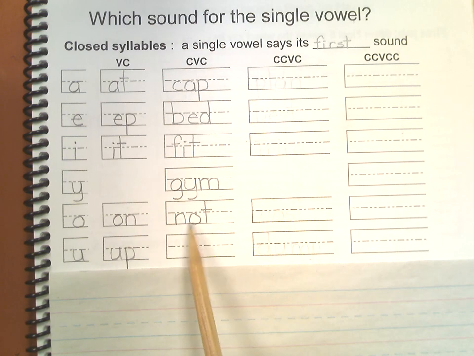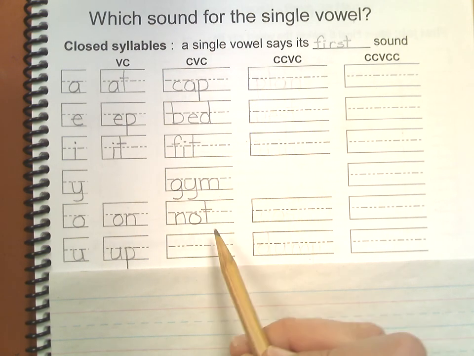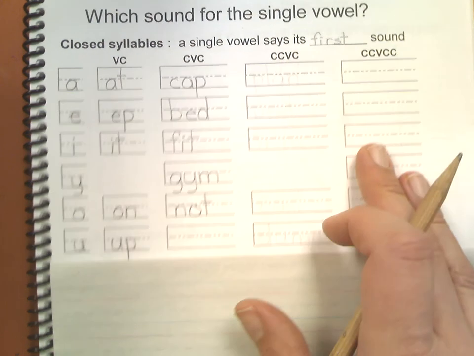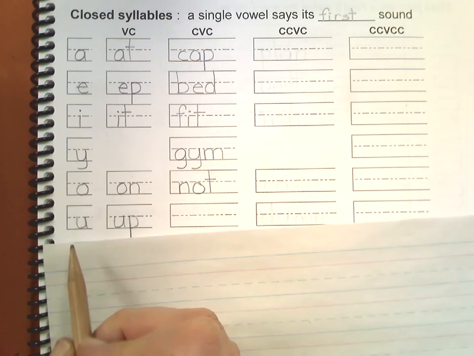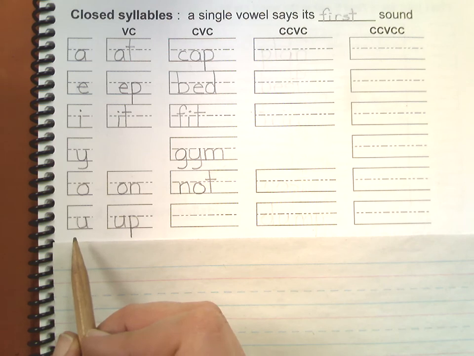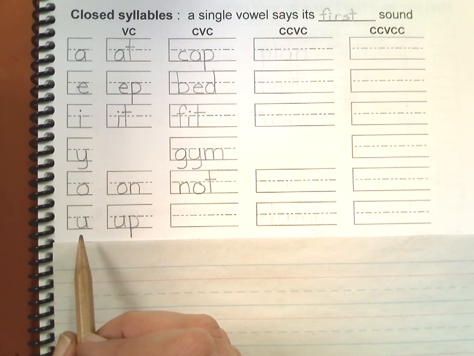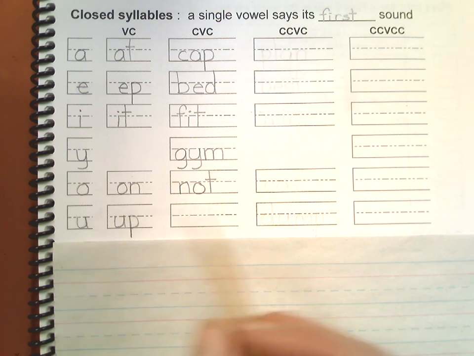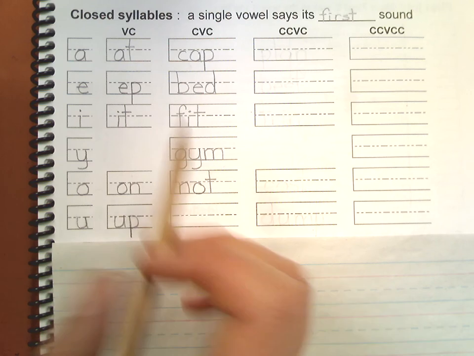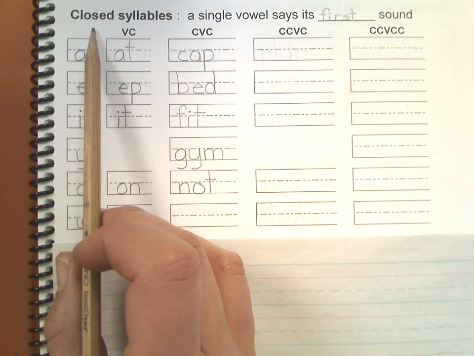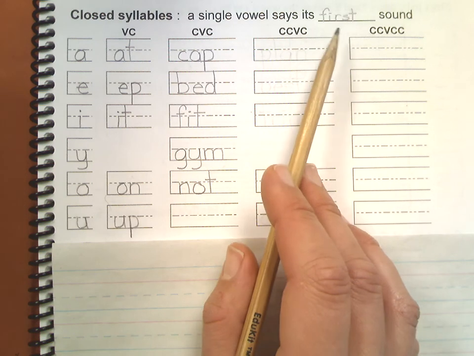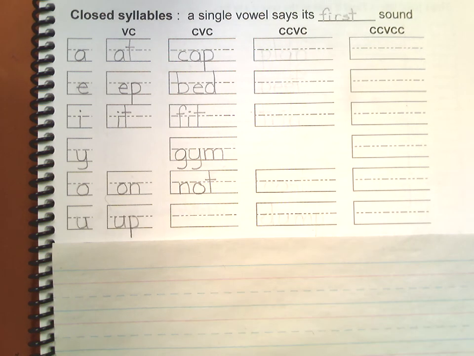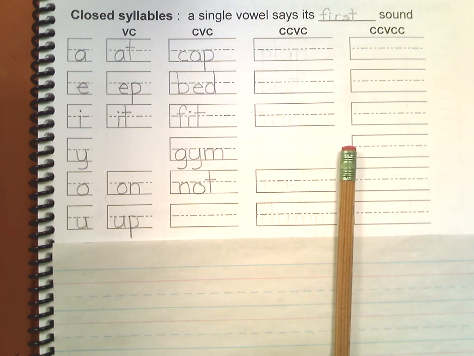All right, class, do we have anything to mark in that word? You're right, we don't. All right, our last word in this column, what's our last vowel? Good, u. All right, so we're gonna have what kind of syllable? Good, a closed syllable, so our u will be saying which of its sounds? Good, its first sound.